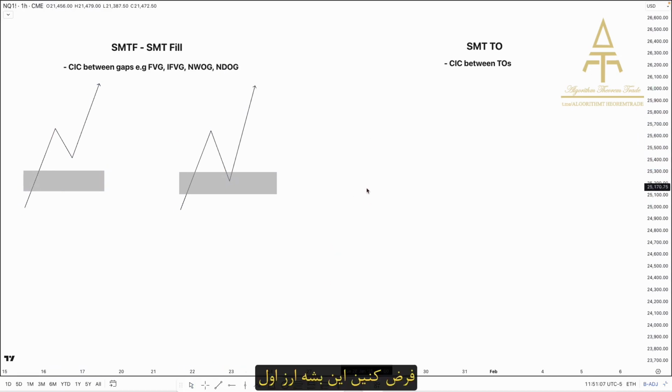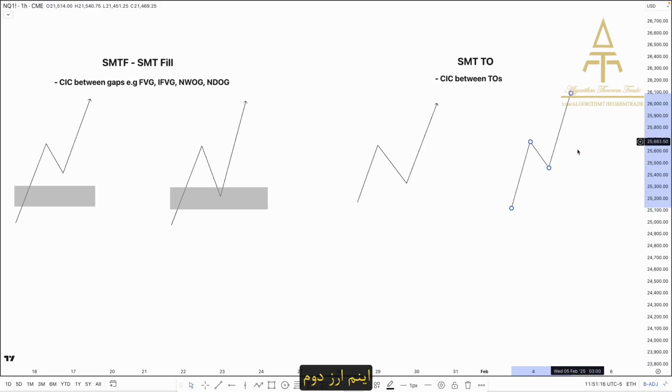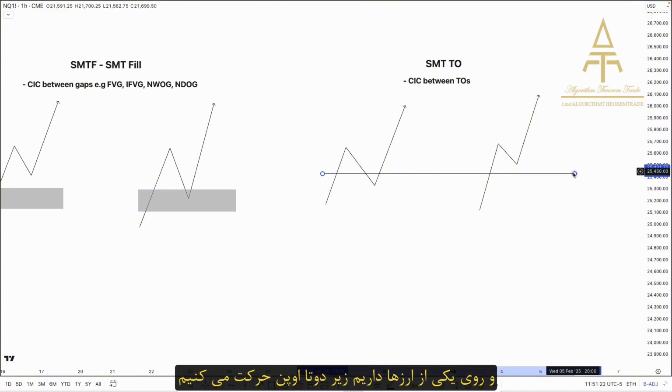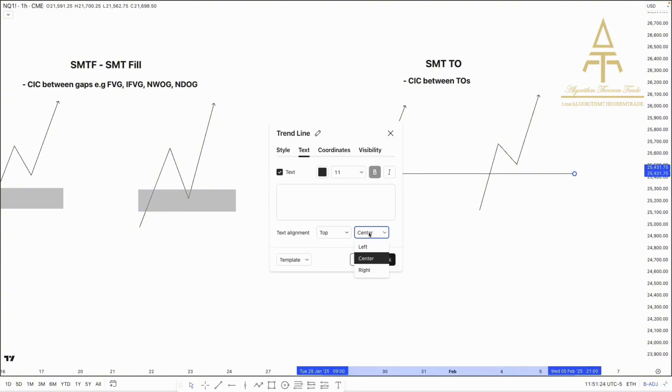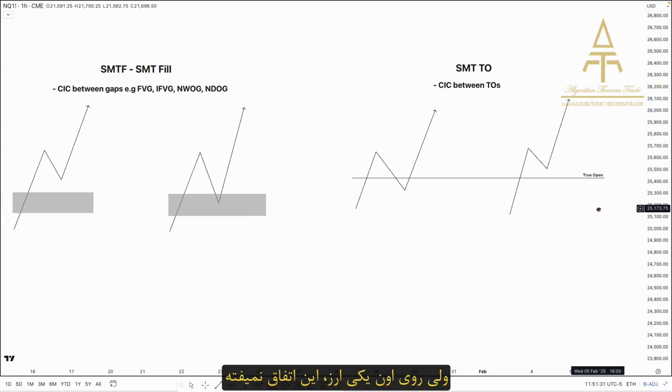Okay, so if we have this asset 1, asset 2, and we are trading below the true open on one asset, but we're failing to on the other one.